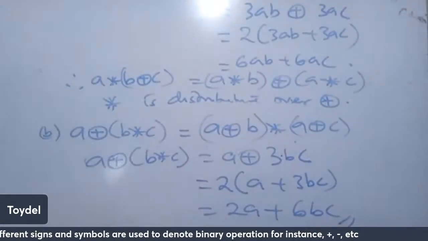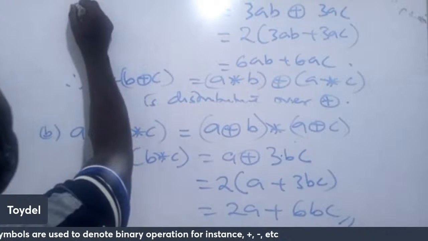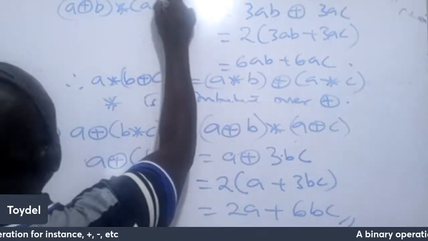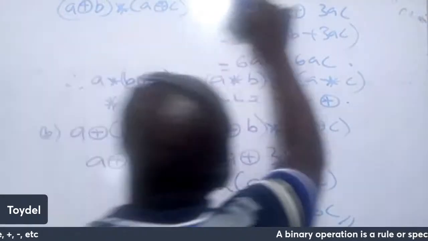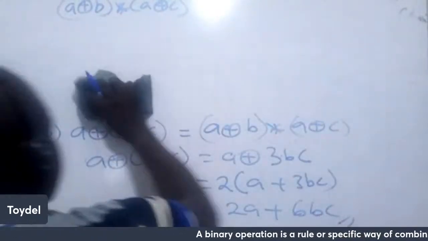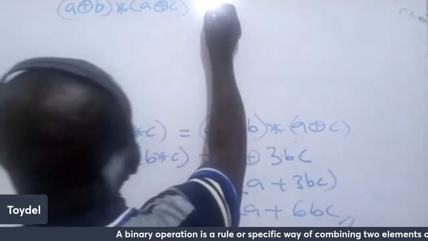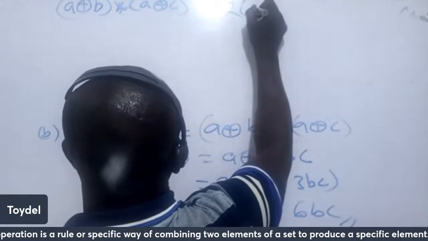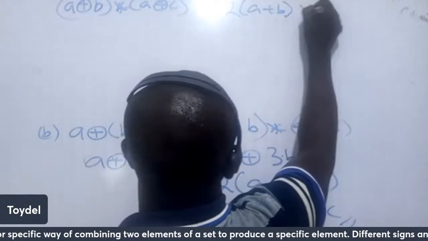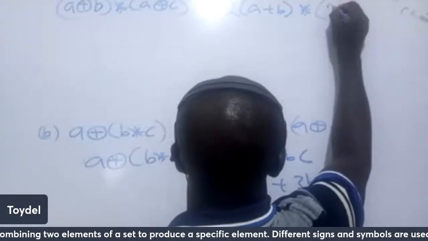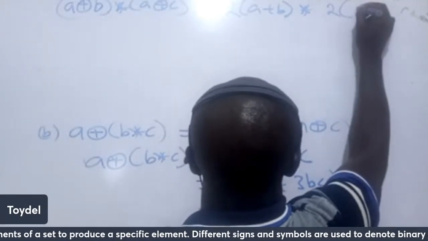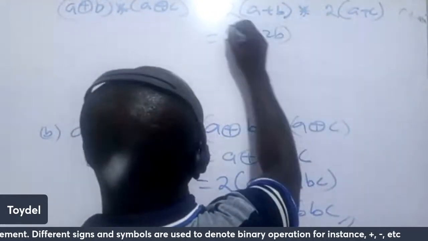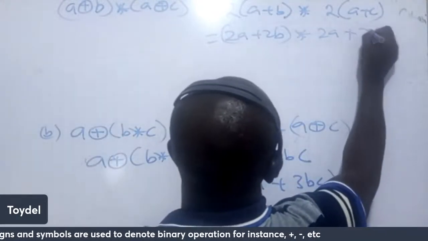So what am I going to get at the right hand side? At this right hand side now, I have A plus B asterisk A plus C. What would that give us? So I'll just show the expansion there. What is A plus B? A plus B will be 2 into bracket A plus B, then asterisk, we are going to have 2 into bracket A plus C. So if you open up, you are going to have 2A plus 2B asterisk 2A plus 2C.